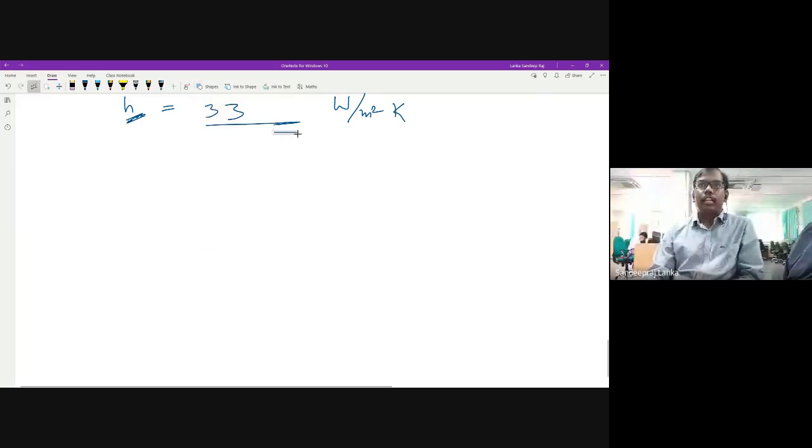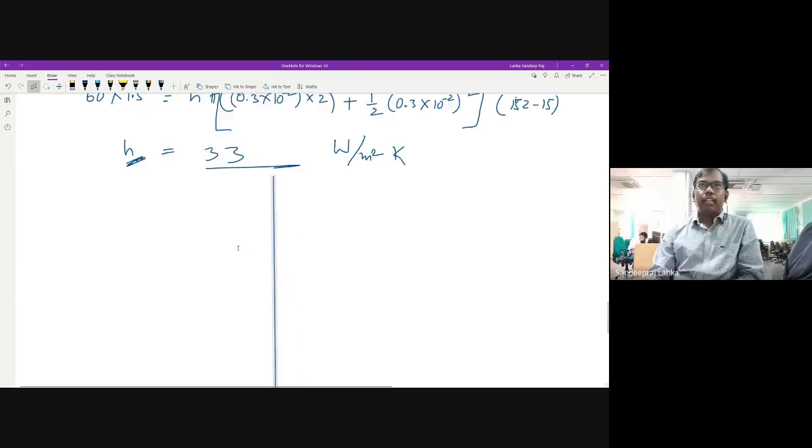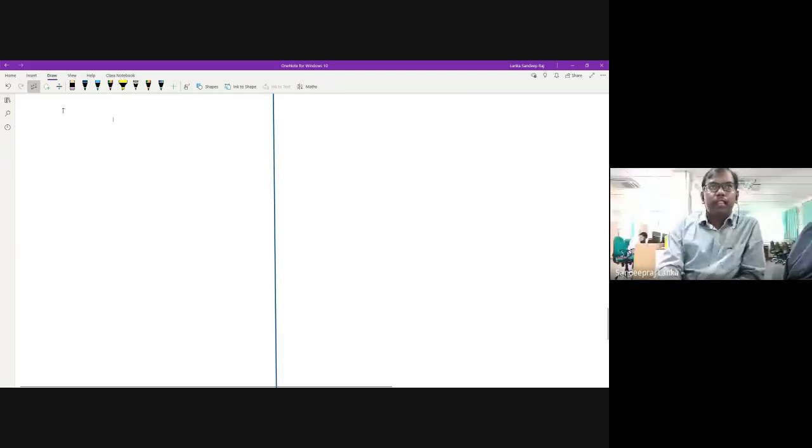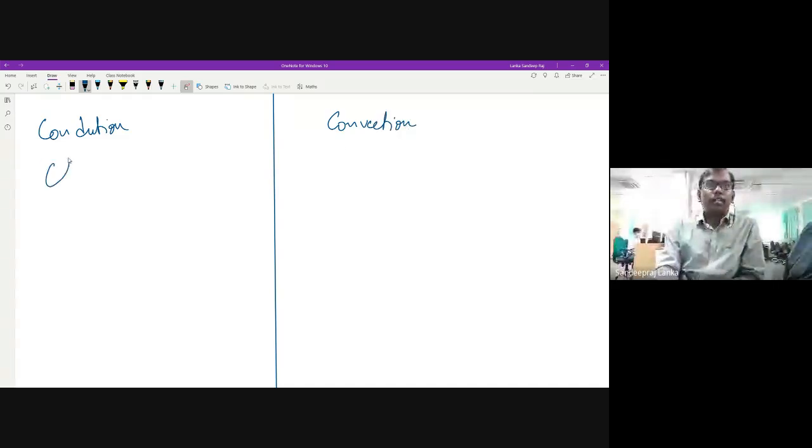On the other side, I'll take convection. Here, what is the mathematical expression?